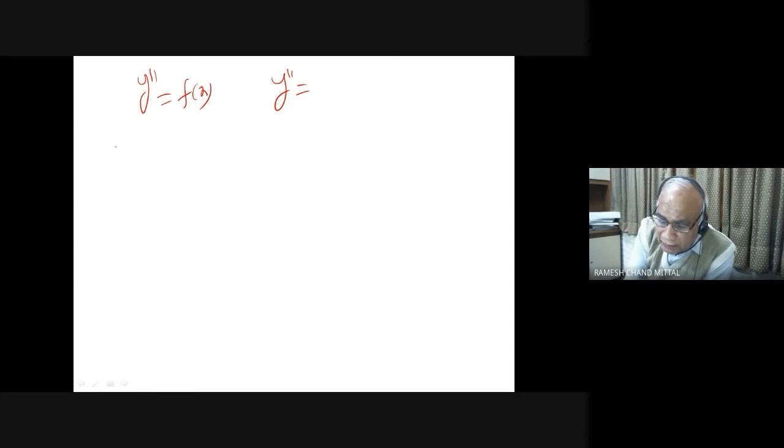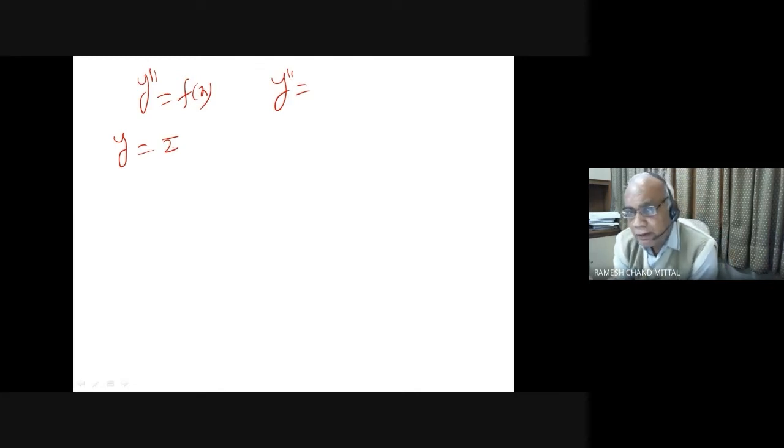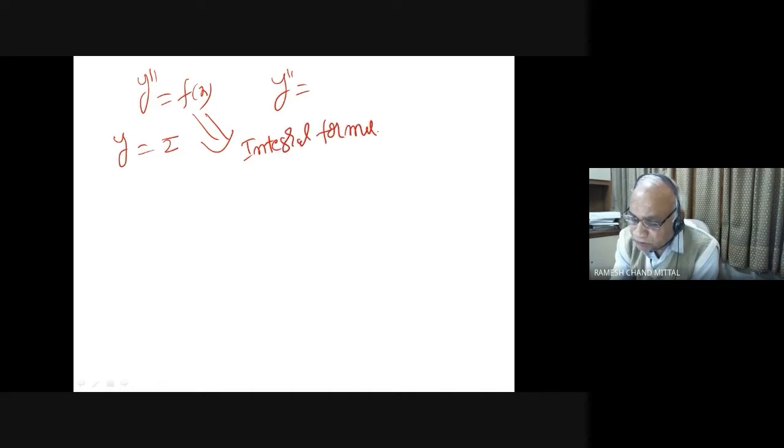But what we do is that I can take a formulation where y has only a first derivative. So I convert the equation into an integral formulation, which is a weak formulation. Theory is available for that.